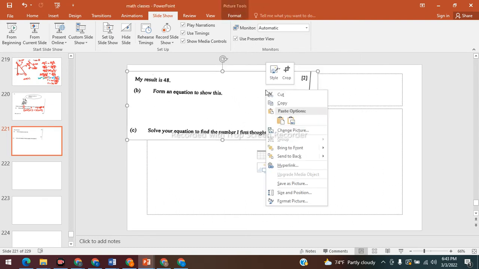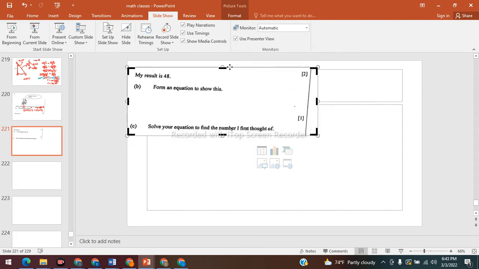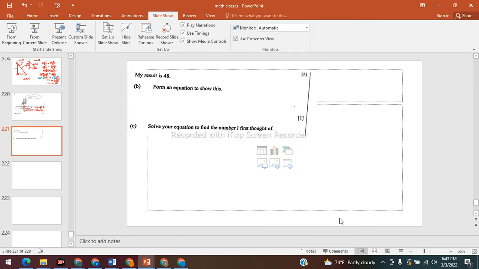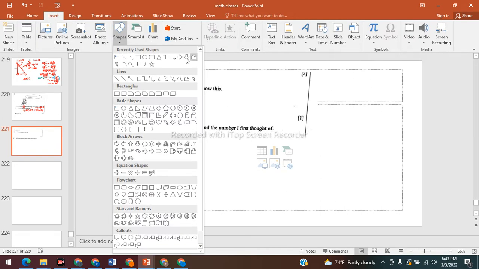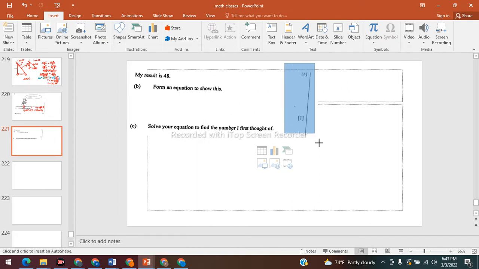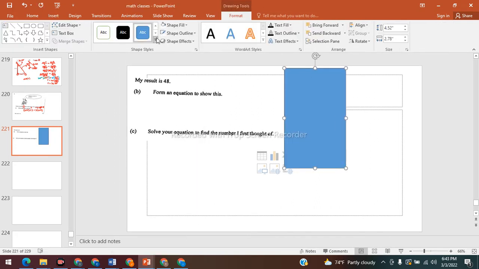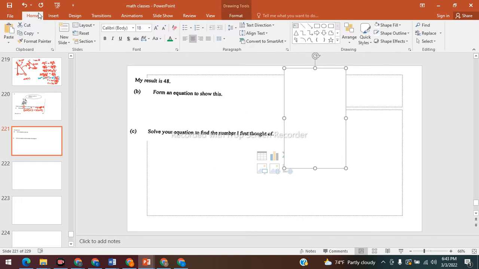So my result is 48, okay? And so we need to form an equation to show it and then solve our equation.